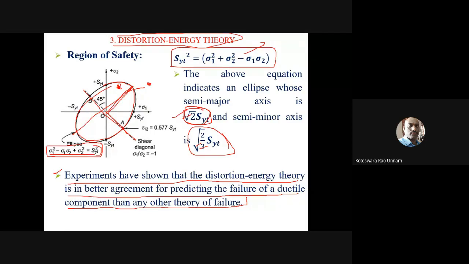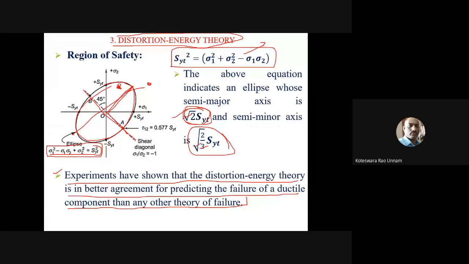Of course, we can also use the maximum shear stress theory, but that theory predicts the shear strength as only 0.5 times yield strength, whereas this theory predicts the shear strength as 0.577 Syt. So it is predicting a better value compared to that.